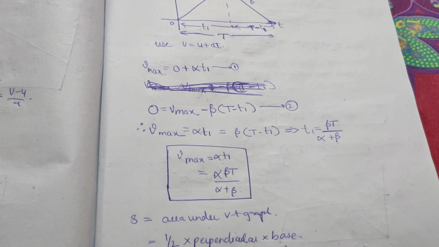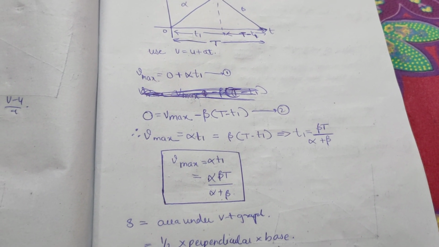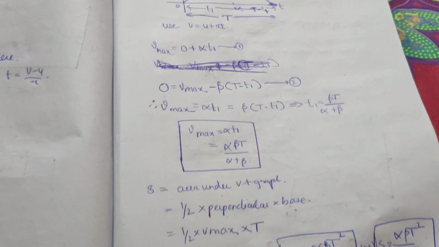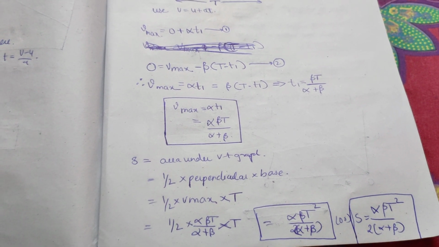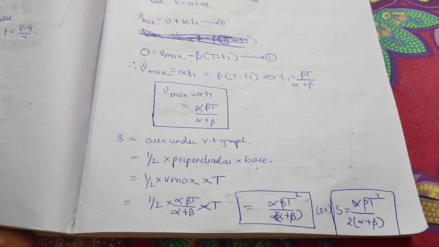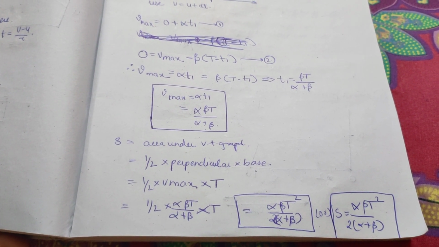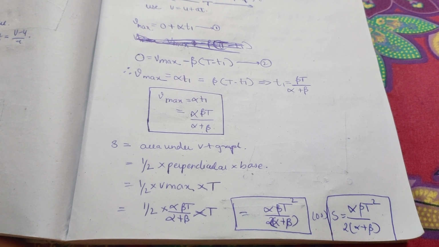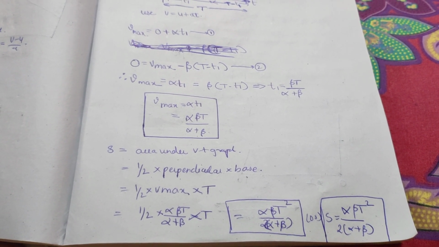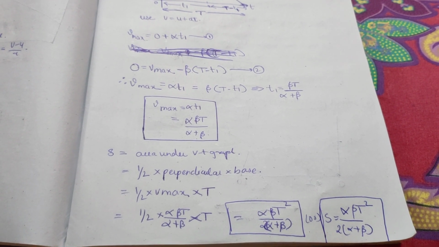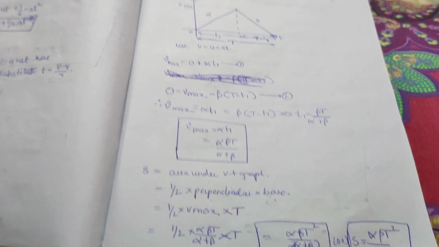Then v max = alpha t1 = alpha beta t/(alpha + beta). Area under the v-t graph is distance, that is half into alpha beta t/(alpha + beta) into t. Then we'll get s = alpha beta t square/(2(alpha + beta)).